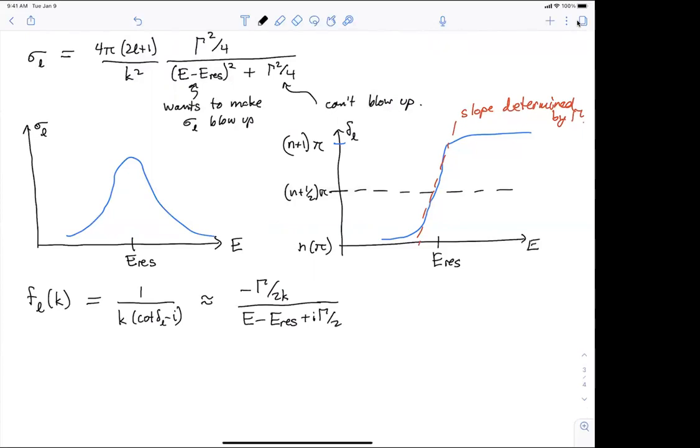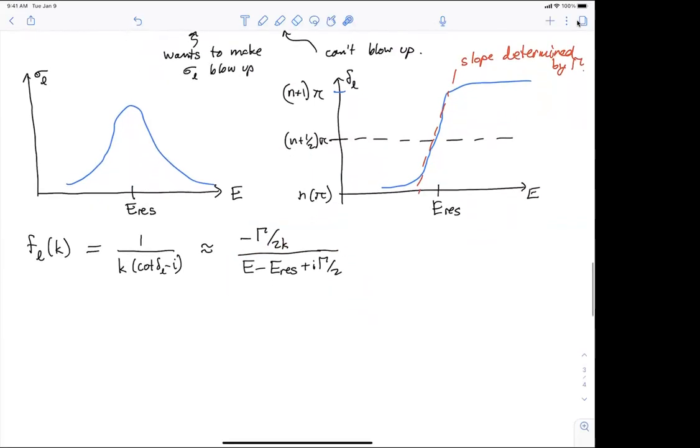Okay, so what we found is this peak in the cross-section corresponds to a pole in the scattering amplitude. So the pole is now at E equals E resonance minus i gamma over 2.